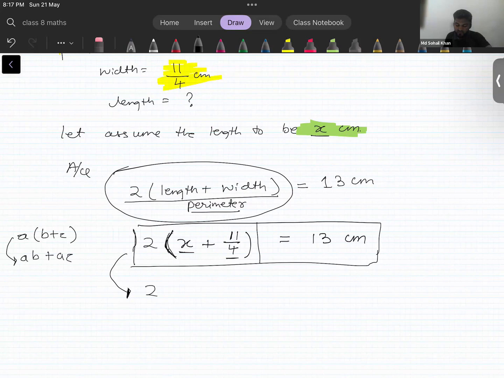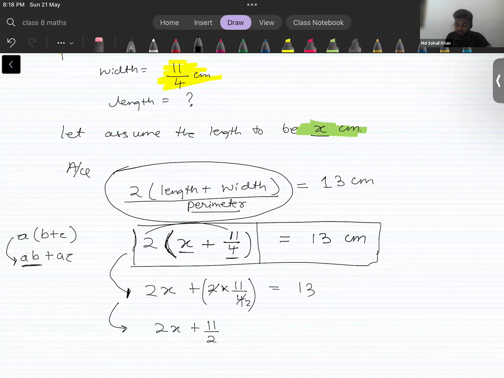So it will be 2x like this. Then multiply 2 with 11 upon 4. So it is going to be 2 multiplied 11 upon 4. So in the next step, it is going to be 2x. Now, since they are in multiplication, you can cancel 4 by 2. So it is going to be 11 upon 2. That is equal to 13.